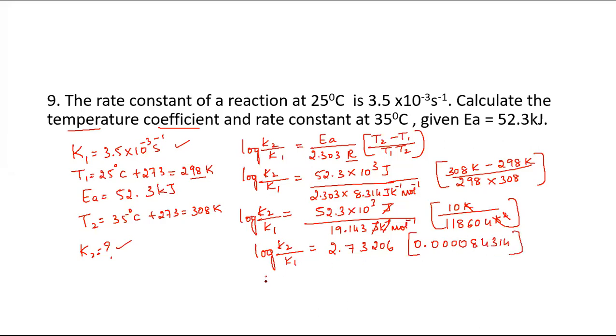At least now you can tell. See what you get, K2 by K1 is equal to into 2.73206. So the answer will be into 1000, right? So answer will be 0.2975. Okay, so this is the answer.